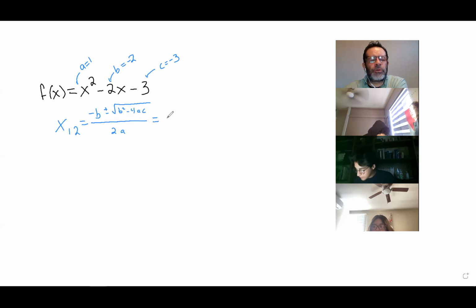So let's find those two roots using the general formula just to practice. It's going to be minus minus 2, plus minus the square root of b squared, which is minus 2 squared, minus 4 multiplied by 1 multiplied by minus 3, divided by 2 multiplied by 1.